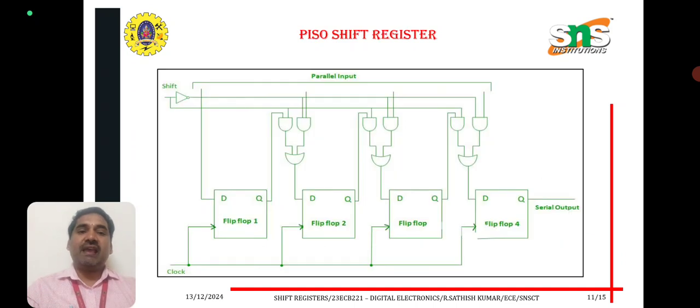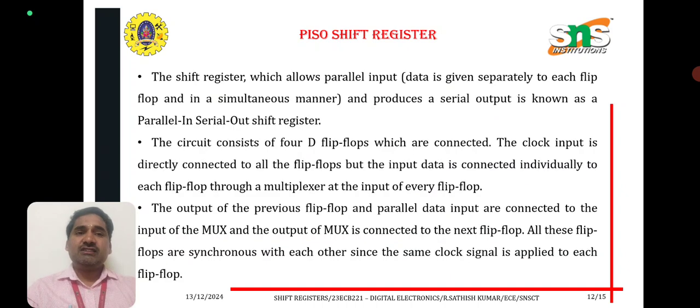Next, this is the PISO shift register. PISO consists of 4 flip-flops. It can perform the mux operation. It is given parallel input and we can get the output as serial output. The shift register which allows the parallel input and produces the serial output is known as parallel in, serial out shift register. It consists of 4 flip-flops which are connected.